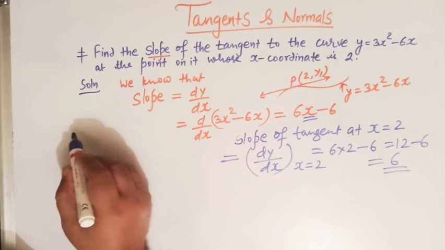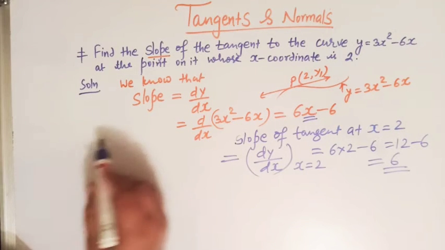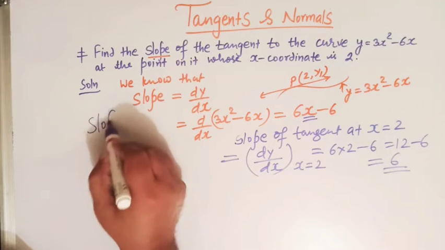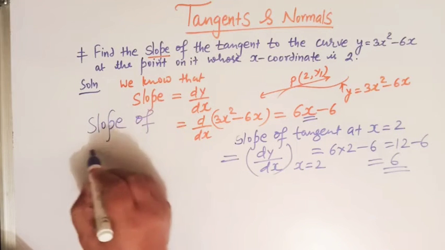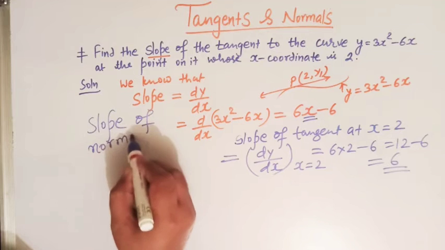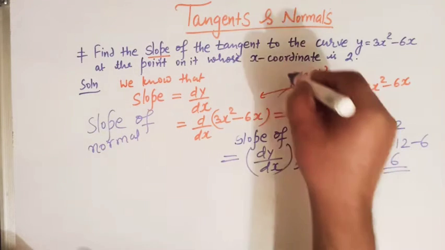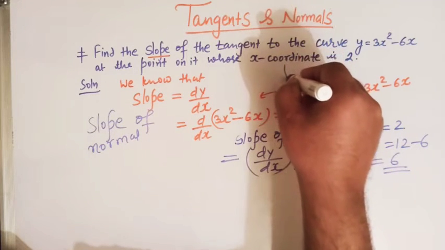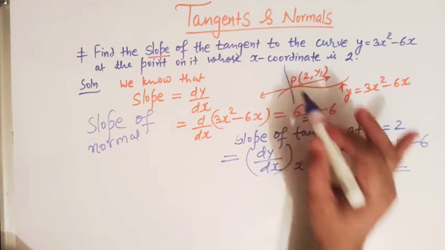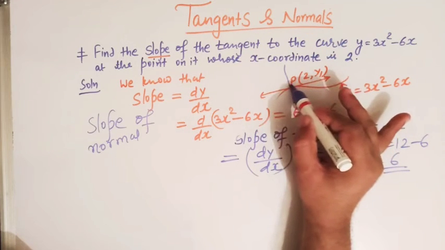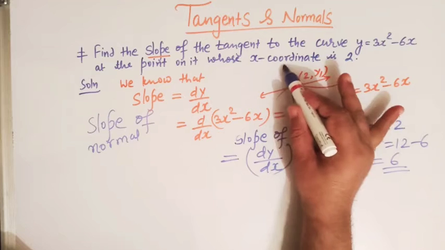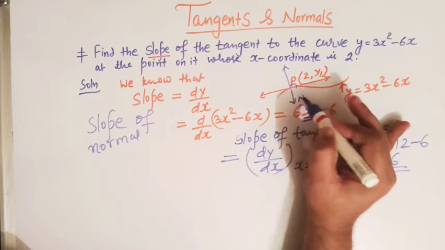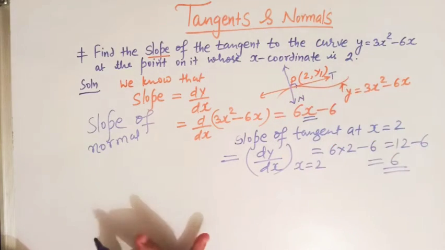Now suppose we have to find the slope of normal. So what is the normal? Normal is a line which is perpendicular to this tangent at this point. Clear? So this is the normal and this is the tangent.